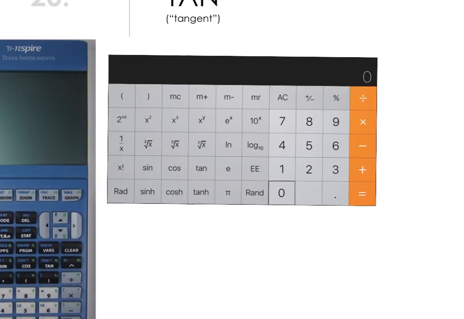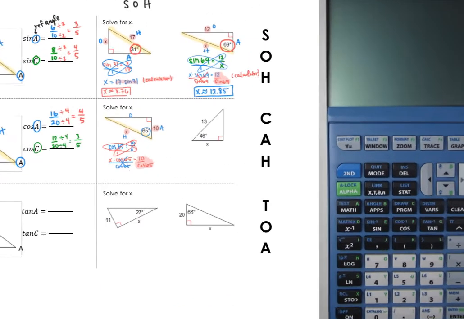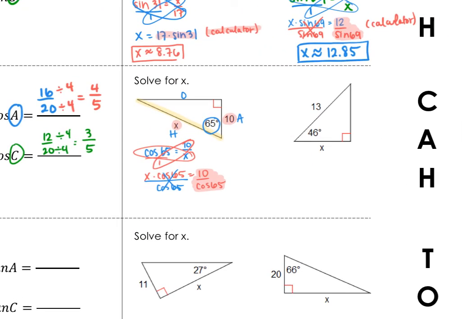You would do 10 divided by, and remember you do the reference angle first. So you do 65, and then you hit cosine, and then you hit equals. When you put that in your calculator, you should get x is about 23.66.